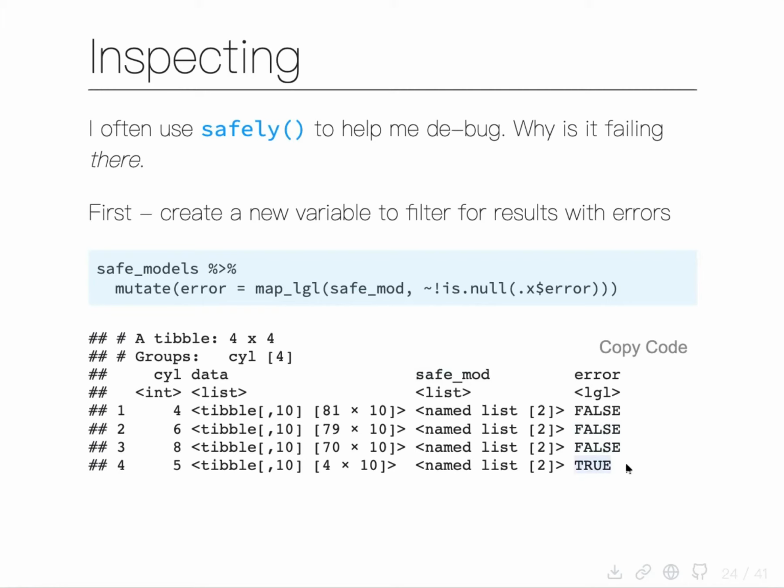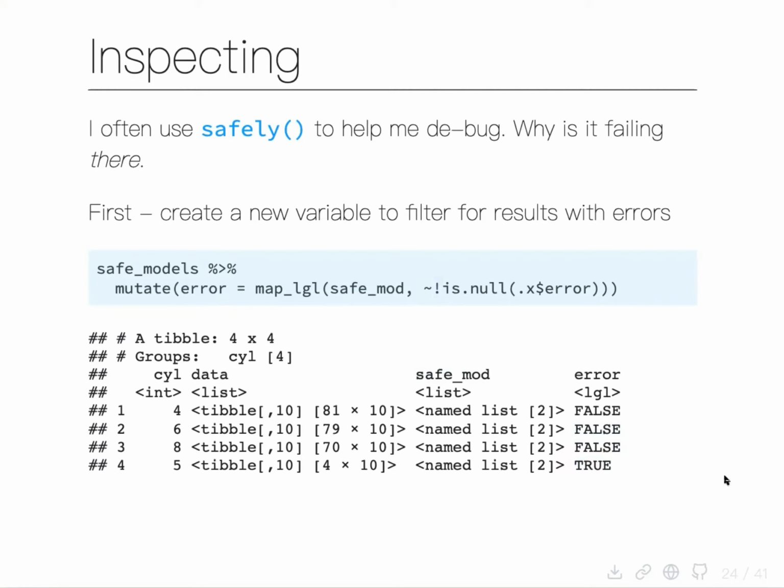It's fairly straightforward, I think, to understand that you're looking to see if it's null. But really, that's usually the opposite of what we want. We want to know where the errors are. If you wanted what I was talking about before, where you just wanted to filter your data frame to just the valid results, then you would just omit the exclamation point there, and then you could filter on error, and you'd be good.